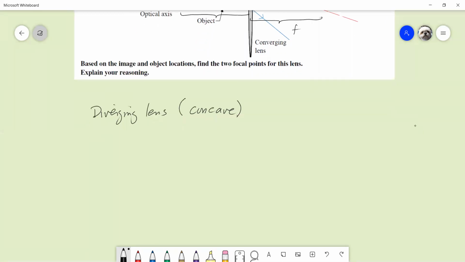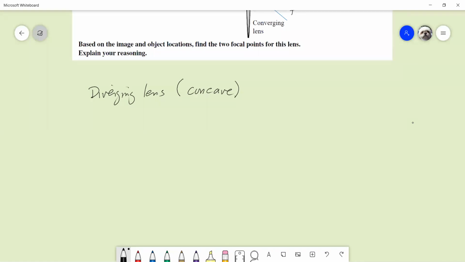Now, what does a divergent lens look like? Like this, right? Now this one we call biconvex. Biconcave, I'm sorry.